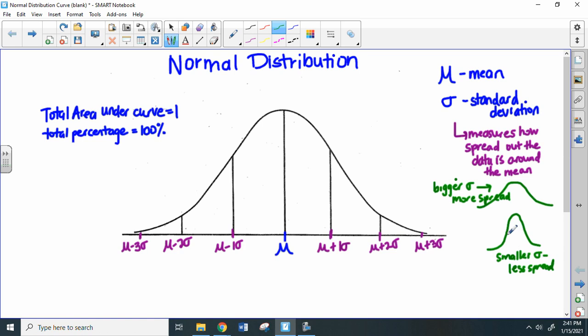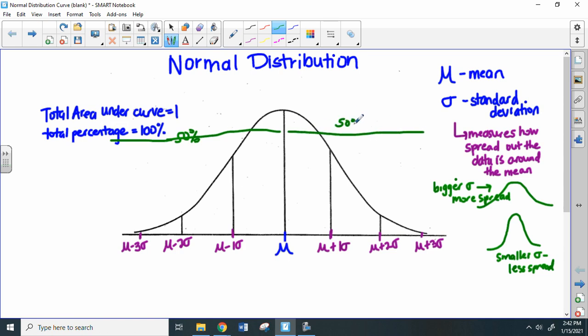Now, let's talk about percentages. The mean is in the middle. So if the total is 100, and the mean is in the middle, this entire half would be 50%, and this entire half would be another 50%.